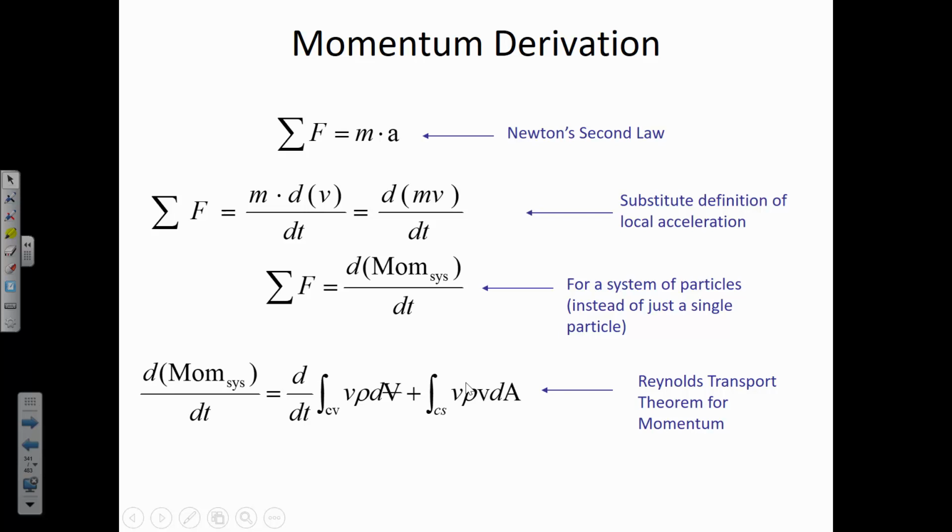So if momentum is m times v, then the first velocity inside this term is the velocity of the stream of fluid, and it needs to retain the directionality associated with that velocity vector. But the density, velocity, and dA is really just the volumetric flow rate multiplied by the density of the fluid.